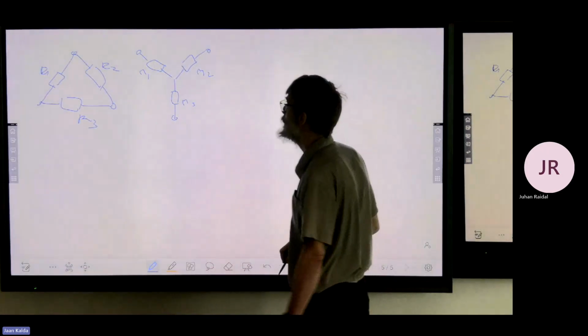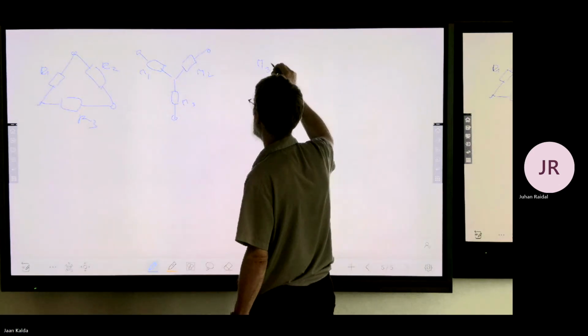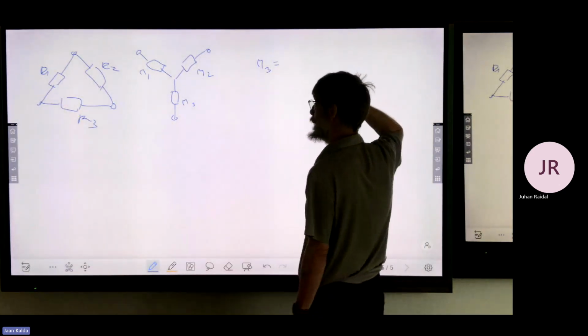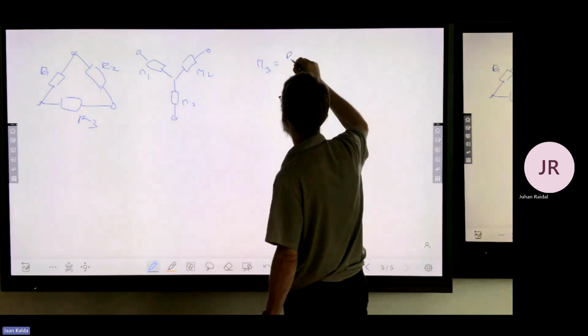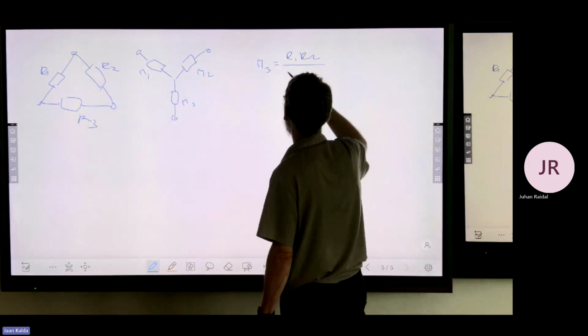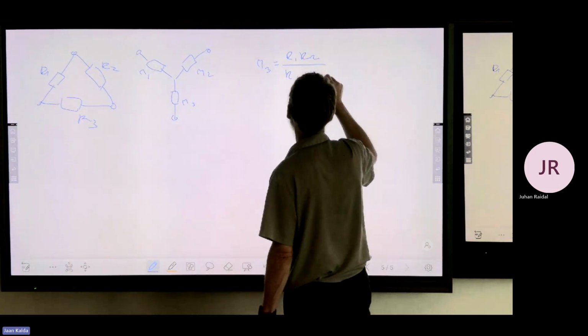So we have R3 equals something like R1 R2 divided by R1 plus R2 plus R3.